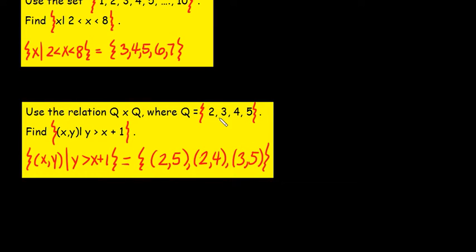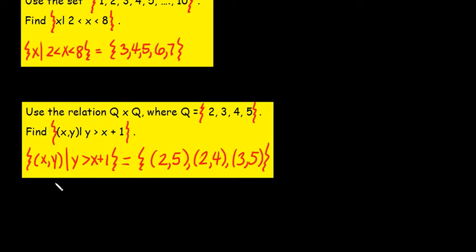It's just too many. But I am looking for ordered pairs x, y, where y is bigger than whatever x is plus 1. Now, x is our first, so it's our domain, and y is our range.